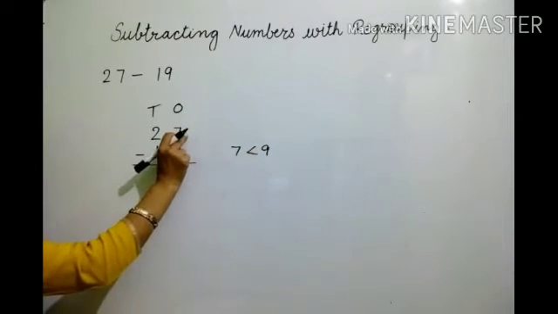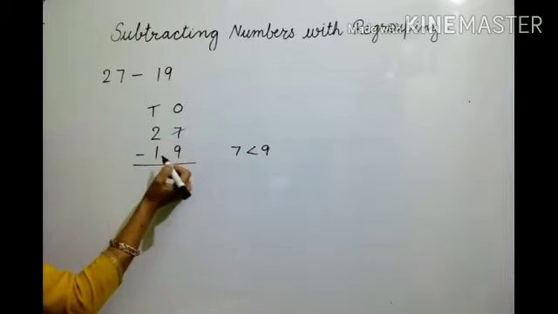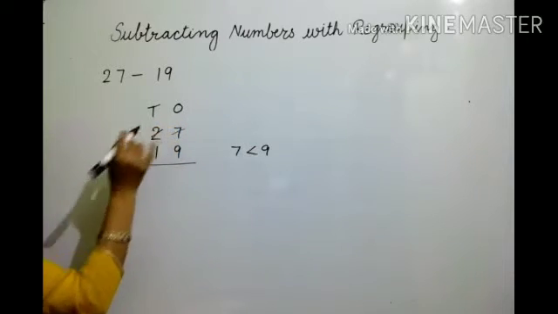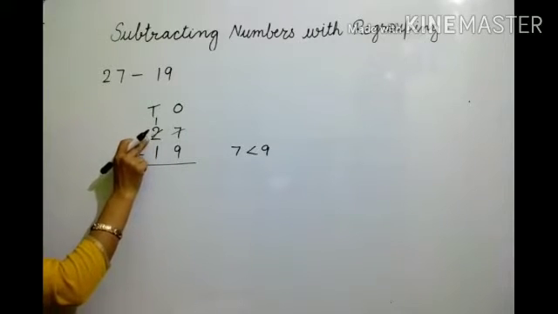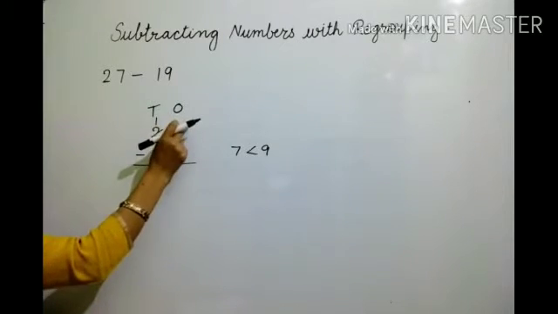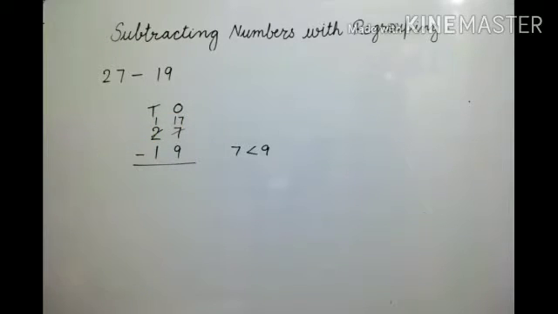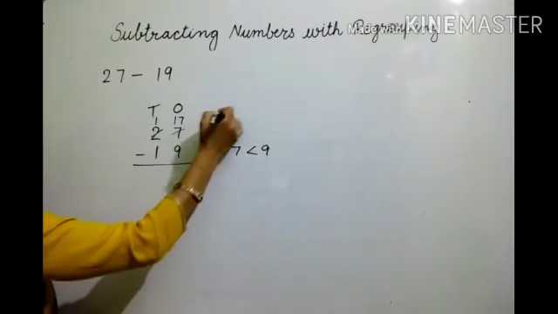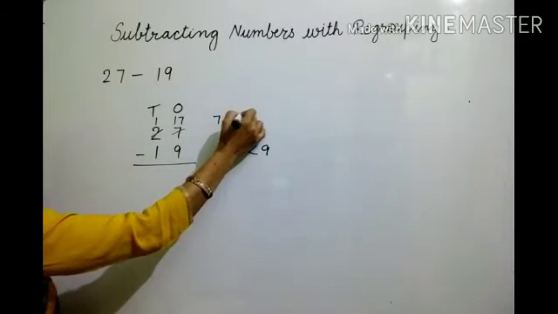When the upper digit is smaller, we make it larger by taking borrow from tens. 2 tens are there, it will give 1, so 1 will be left, and here becomes 17, because 7 was already there and 1 ten is equal to 10 ones.